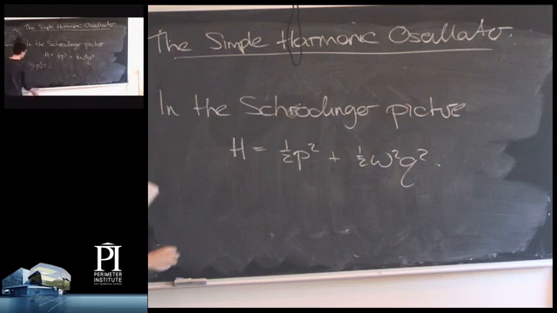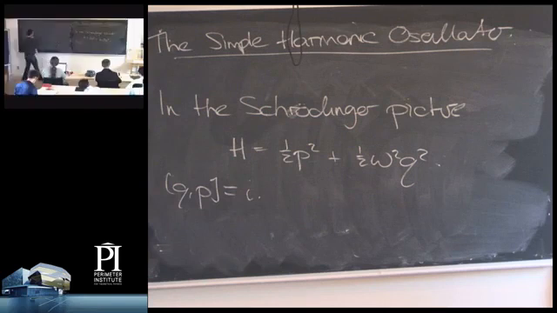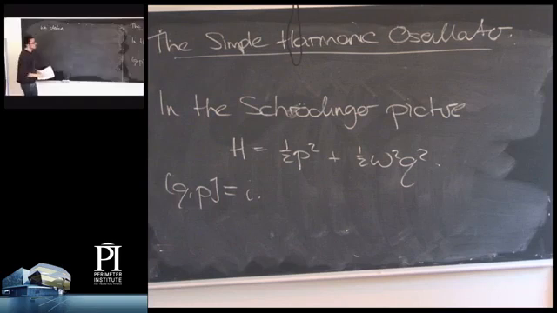Hamiltonian, and Q and P are operators now which have familiar commutation relations. And to find the spectrum, what we do is we define these nice creation and annihilation operators.